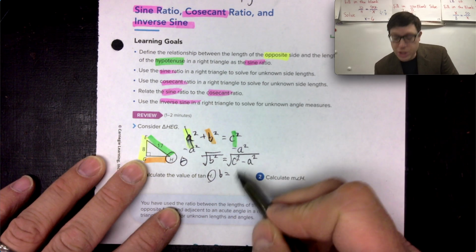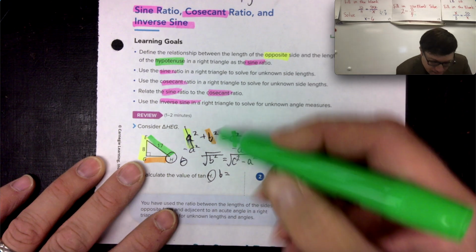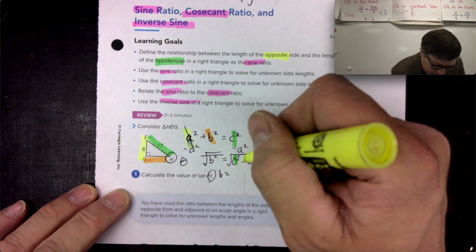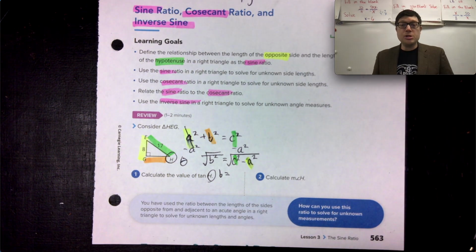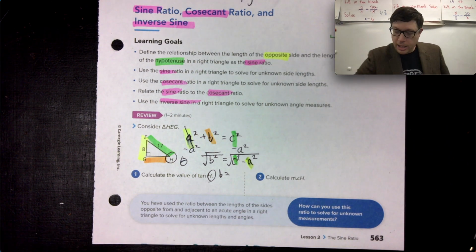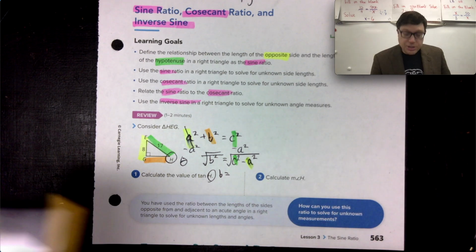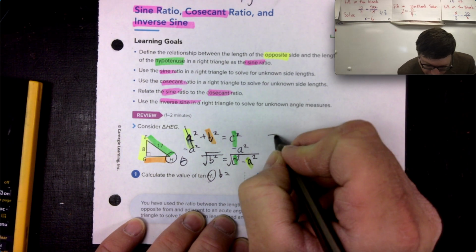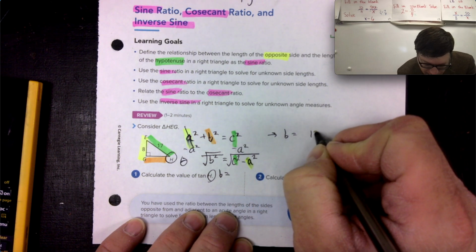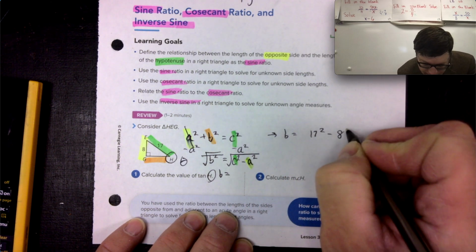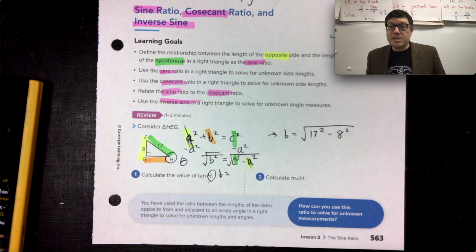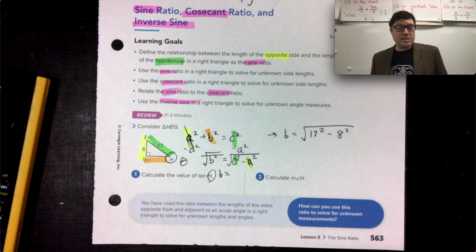Now in this expression, c is 17, and a is 8. So we're able to plug those numbers into the formula and bring out our calculator. We're going to have b equals the square root of 17 squared minus 8 squared. 17 squared is 289, 8 squared is 64.